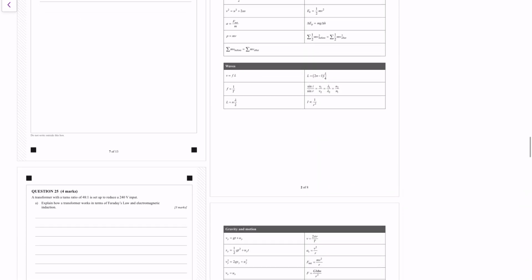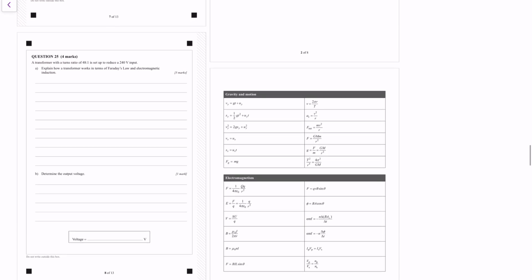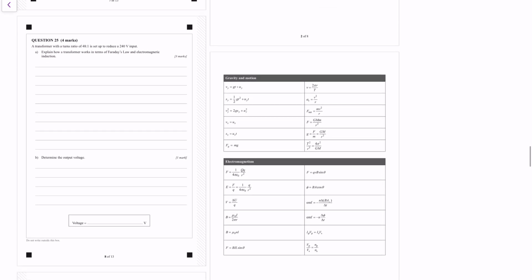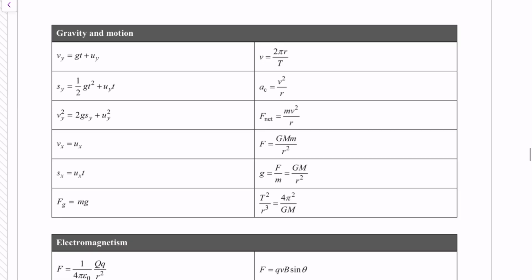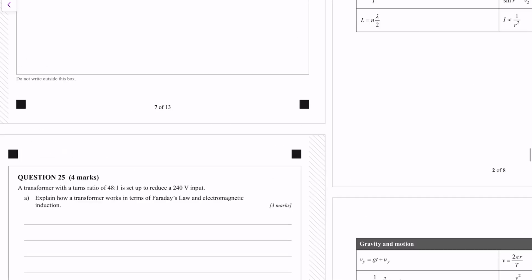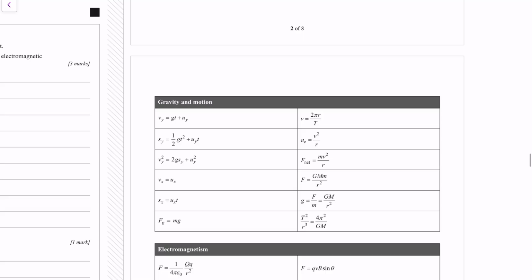Because it'll always be constant. And so we can now use a formula that gives us those variables as well.